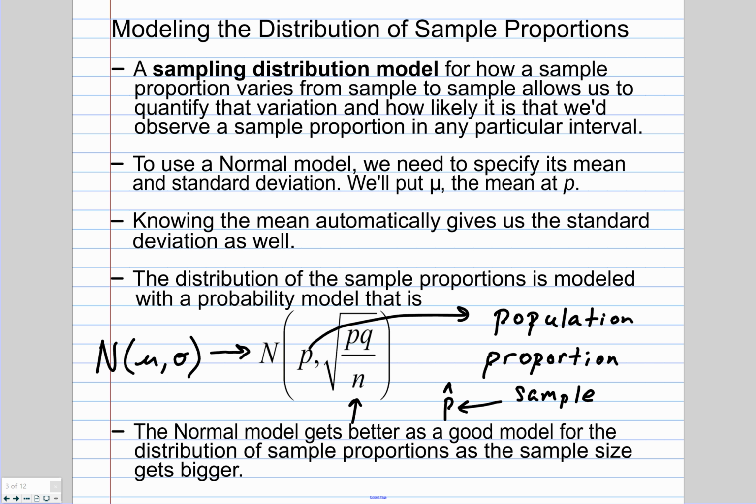What does the n stand for? Does anyone know what the n stands for? The number of the sample size, very good. And pretty much every problem, Yesenia, they're going to give you the sample size.